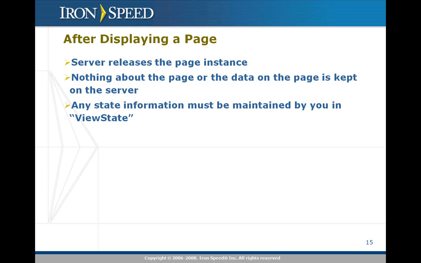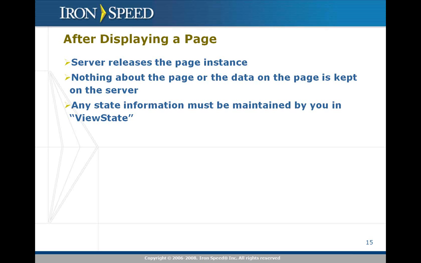After the browser displays that page on the end user's system, that page instance no longer remains in memory. It's gone, completely gone. So nothing about this page or the data on the page is kept on the server. Now, the way .NET works is that it uses something called a ViewState.